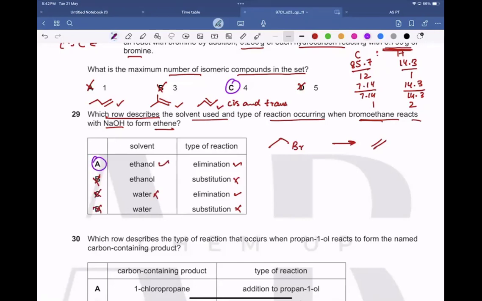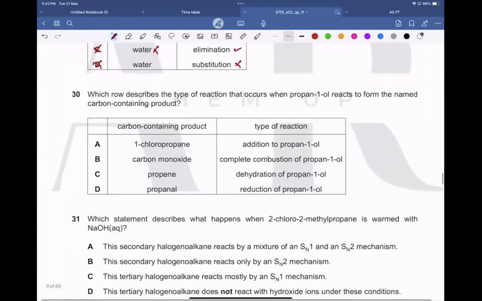Yes, very good, Hassan. Now, question number 30. Which row describes the type of reaction that occurs when propan-1-ol reacts to form the named carbon-containing product? Propan-1-ol turns into 1-chloropropane, but that could be a substitution, not addition, right?